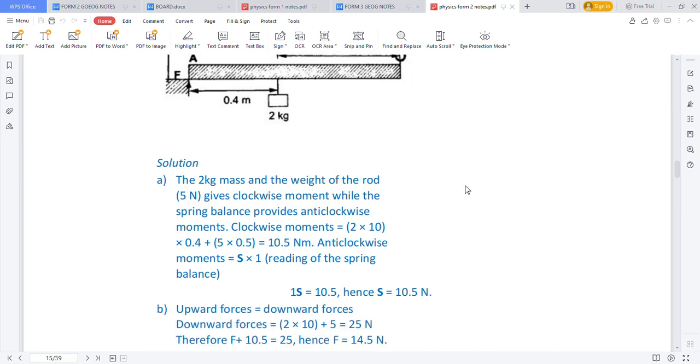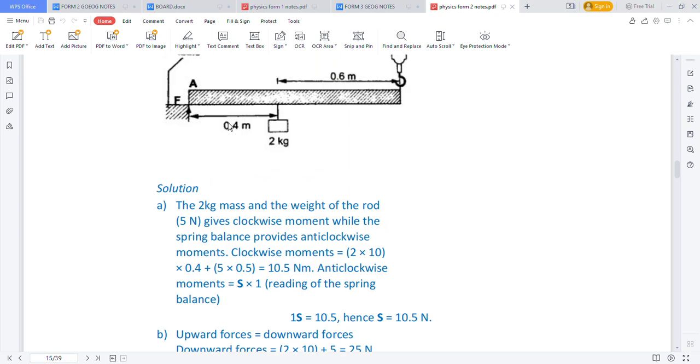Clockwise moment is equal to 2 times 10, we change 2 kg into force, times 0.4, that is now the perpendicular distance, plus 5 times 0.5, that's going to give us 10.5 Newton meter.